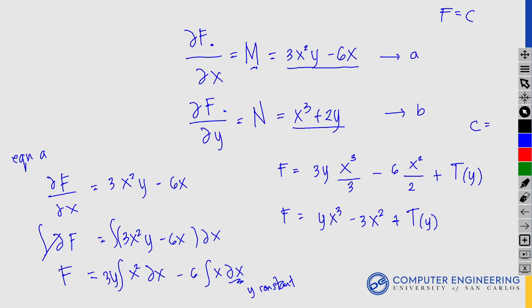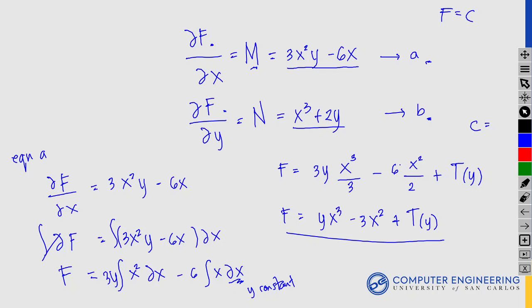So we now have f. Now, notice that we took this equation based on equation A. We have another basis to solve for f. There are two equations that are supposedly equal, and we need a way to determine what t of y is.